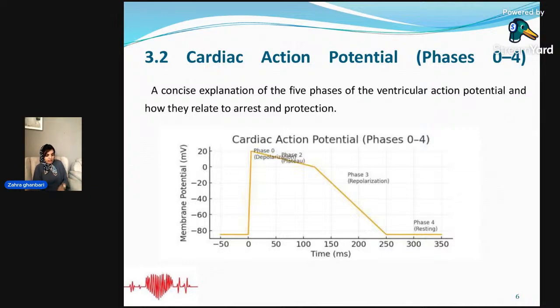Let me repeat again. When extracellular potassium is increased significantly, usually 20 to 30 MEQ per liter or higher, the resting membrane potential becomes less negative, actually depolarized, and sodium channels become inactive.